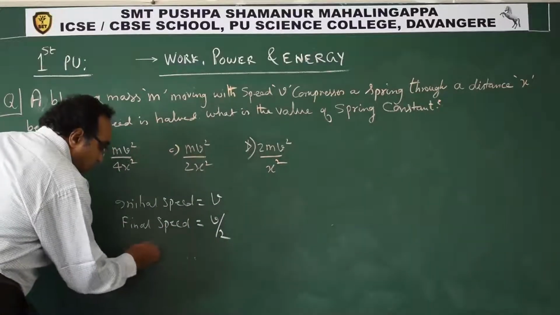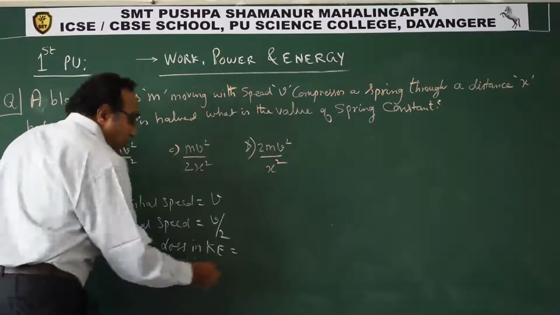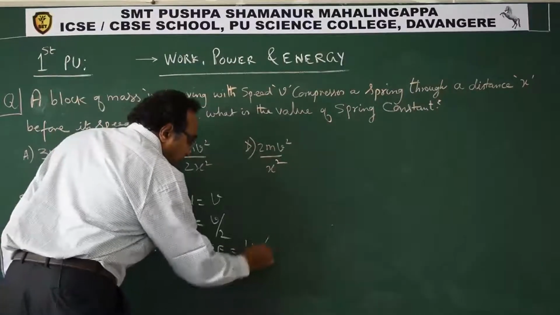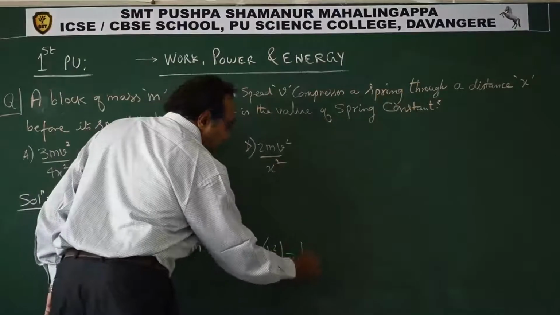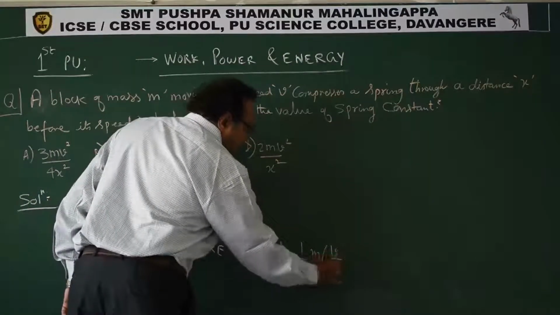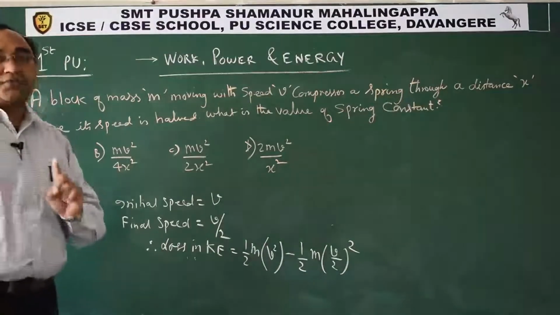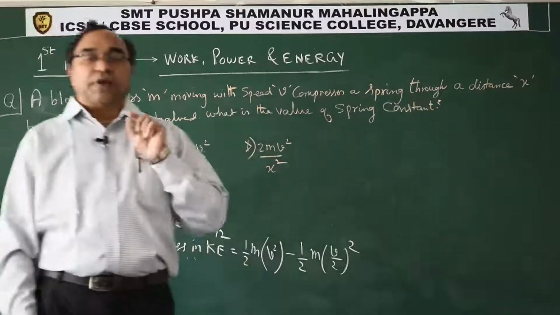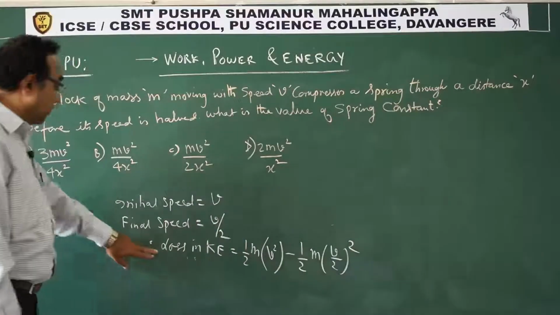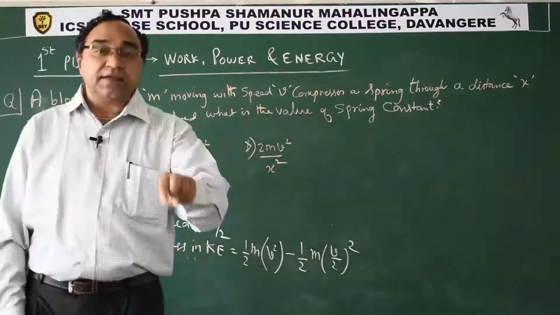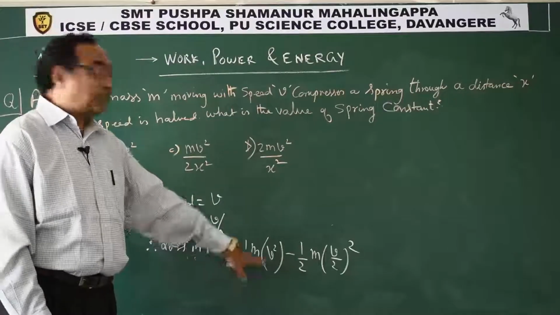Therefore, loss in kinetic energy is half m v square minus half m (v by 2) square. If it is change in kinetic energy, you will do final minus initial, but already we are writing it as loss. Therefore, final kinetic energy will be less than the initial, which is why I am taking initial kinetic energy minus final.